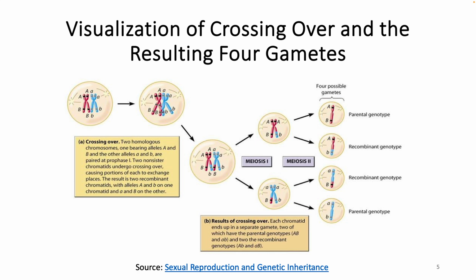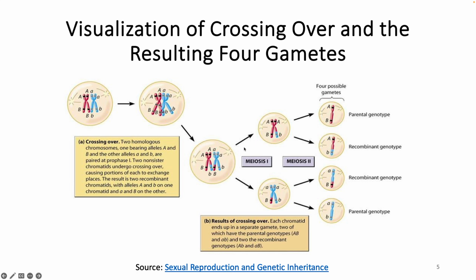Okay, now let's just see a broader visualization of crossing over and the resulting 4 gametes, the 4 haploid cells that occur at the end state prior to fertilization. So again, we have the replication, and then here we have the crossing over. Here's the crossing over being completed.